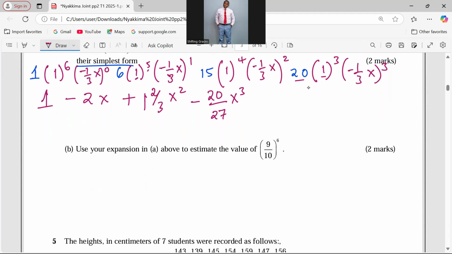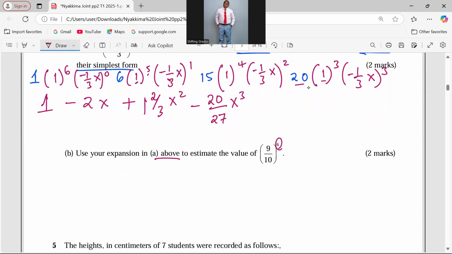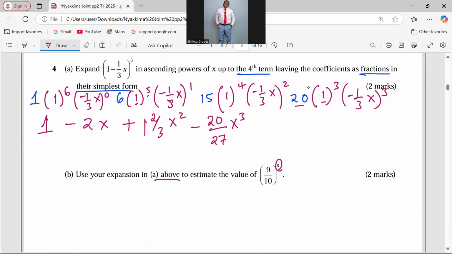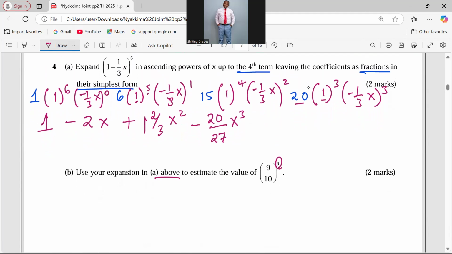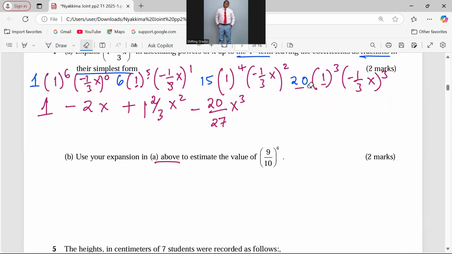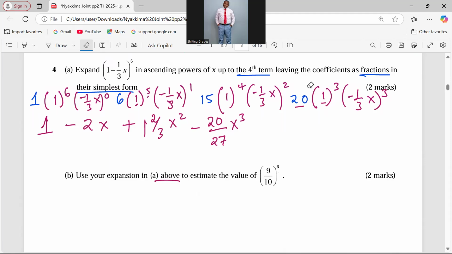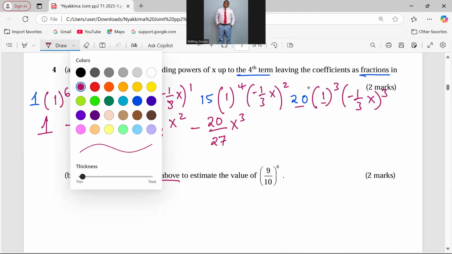Use your expansion in A above to estimate the value of 9 over 10 to the power 6. So ours is now to equate the bases, because the powers are the same. Let me simplify it for you.